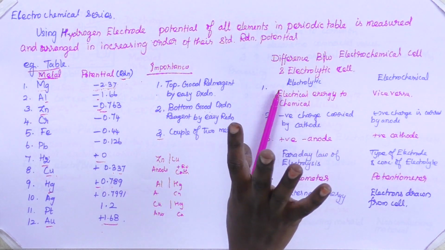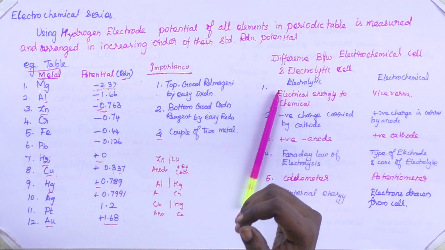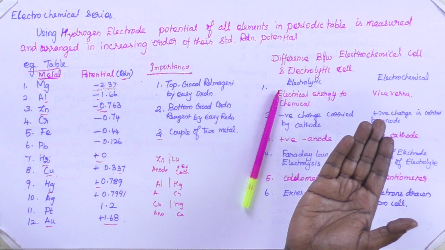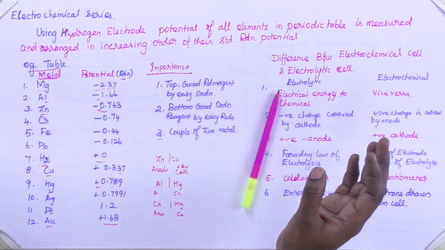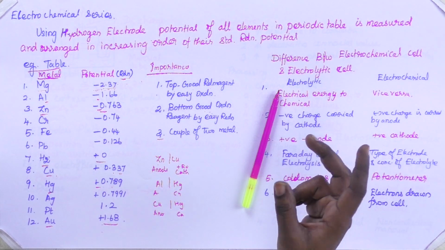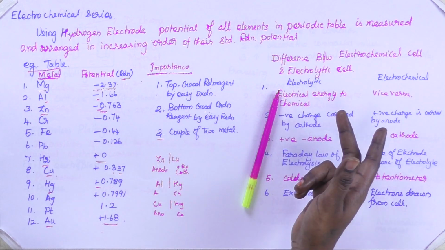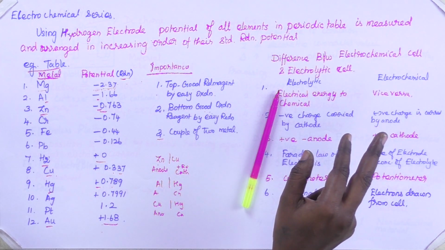But in the lead acid battery you can take electrons out and also pass electrons into the battery, so a cycle of energy drain and energy gain is possible. That is, reversibility is there in the lead acid battery.